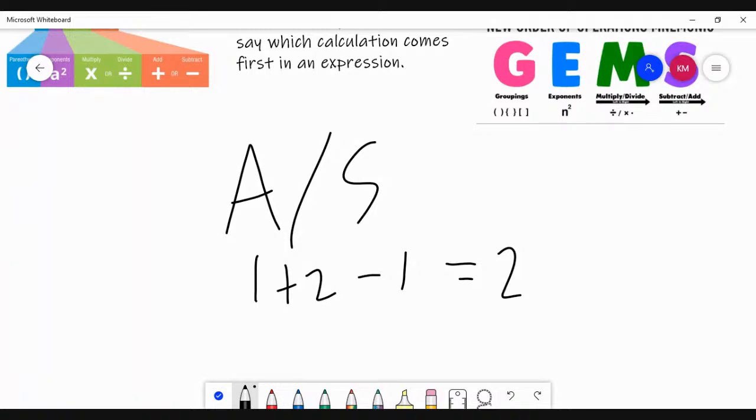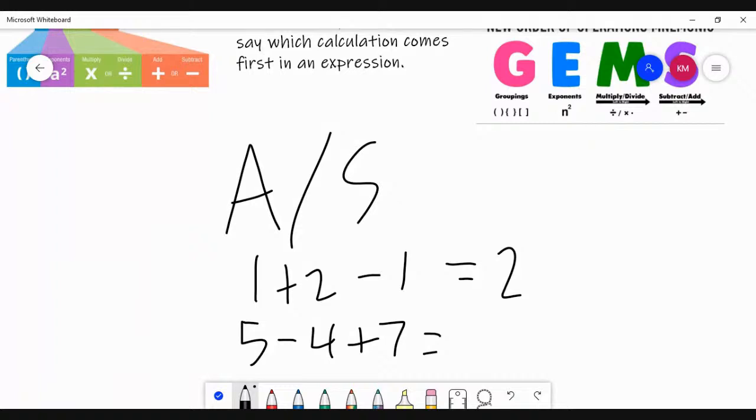So another example would be based on the order of operation.